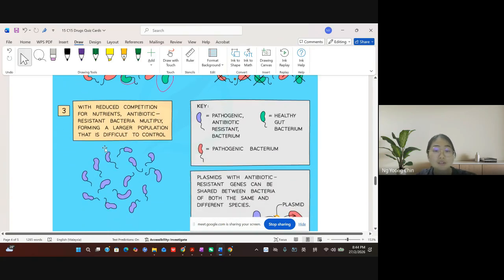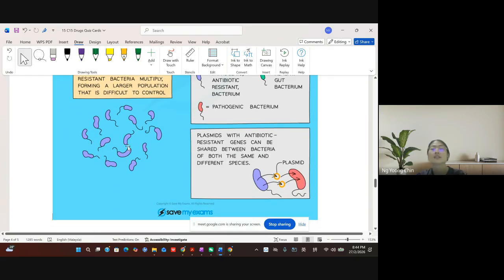With reduced competition for nutrients, the antibiotic-resistant bacteria can multiply, forming a larger population that is very difficult to control. Okay, so just like this.